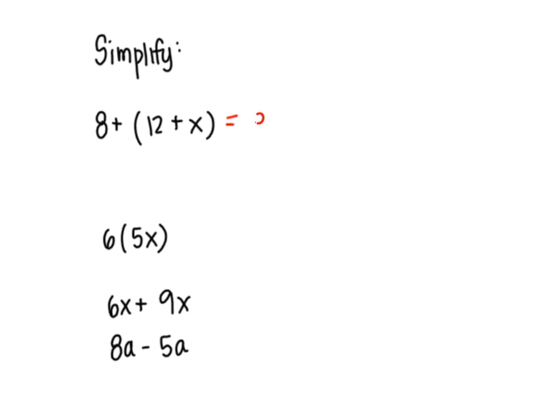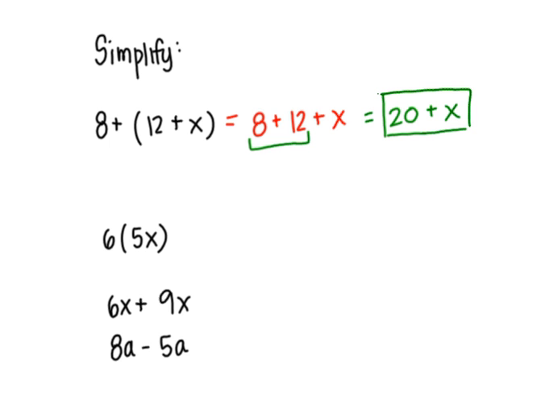So we would get 8 plus 12 plus x. Grouping our like terms here, 8 plus 12 would be a like group. 8 plus 12 is 20. Then you have a plus sign and x. Notice it's not 20 times x because there's a plus sign there. So bring the plus sign with it. And your answer is 20 plus x.